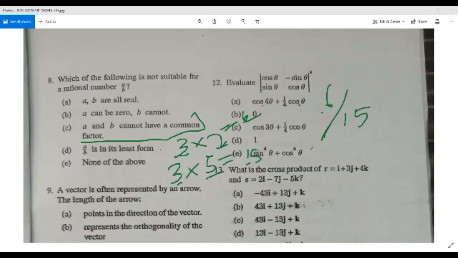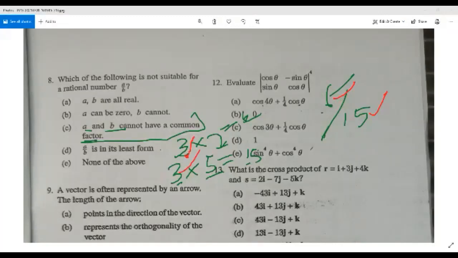We can get a fraction like that, right? Yes. Then he's saying that both A and B cannot have a common factor. But if you check, this 6 has a factor of 3. Let me change the marker and undo this for you to see what I'm trying to do. This 6 has a 3 as a factor, and this 15 also has 3 as a factor.